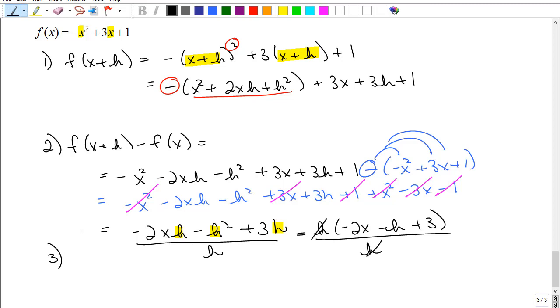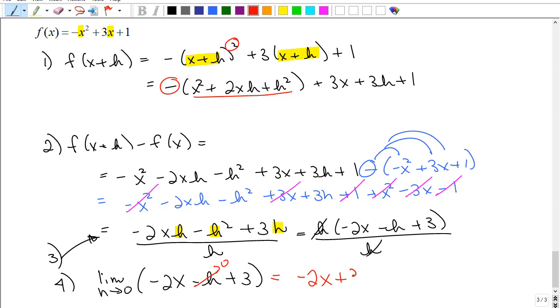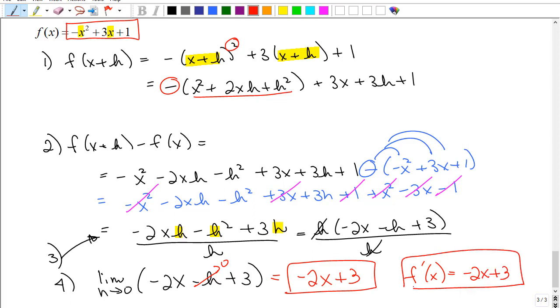So that's really step 3, if you will, right there. And then step 4 is to take the limit as h approaches 0 of what I've got left. And of course, as h approaches 0, that leaves me with just negative 2x plus 3. And that would be the derivative of this function. So really I could say the derivative of f of x is negative 2x plus 3.